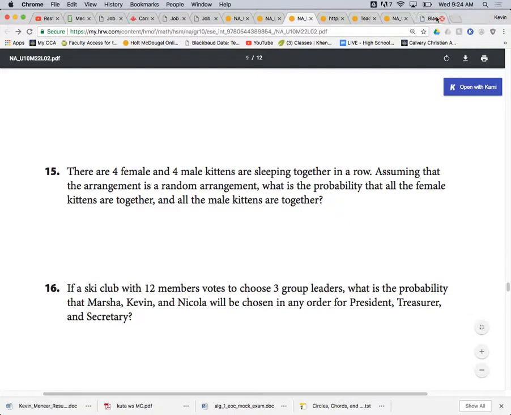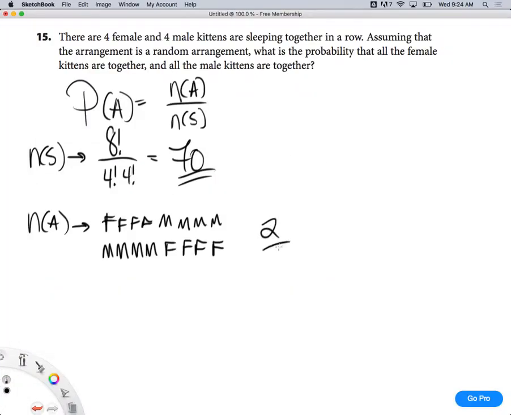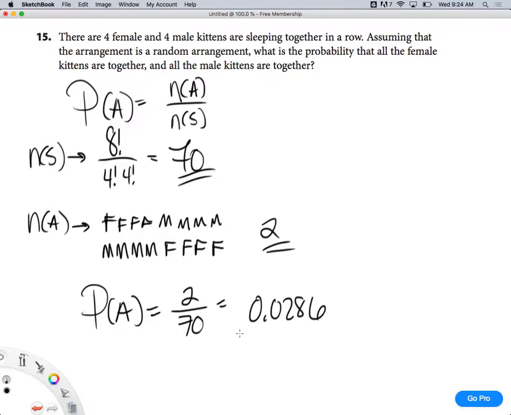So N(A) is just 2. So the probability of A is 2 over 70, which reduces to 1 over 35, or 0.0286. Any questions on that? No? Okay. That was number 15.